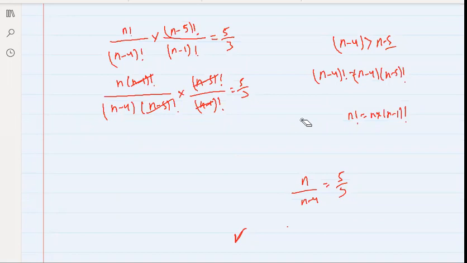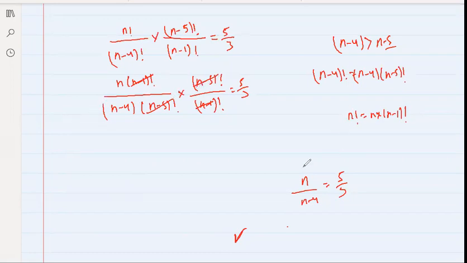In the same way, (n minus 4) factorial can be written as (n minus 4) into (n minus 5) factorial. This one you understood or not? Then (n minus 1) factorial cancels, and (n minus 5) factorial will get cancelled.